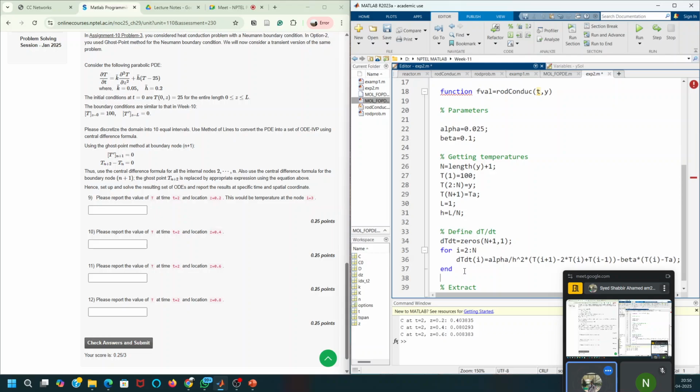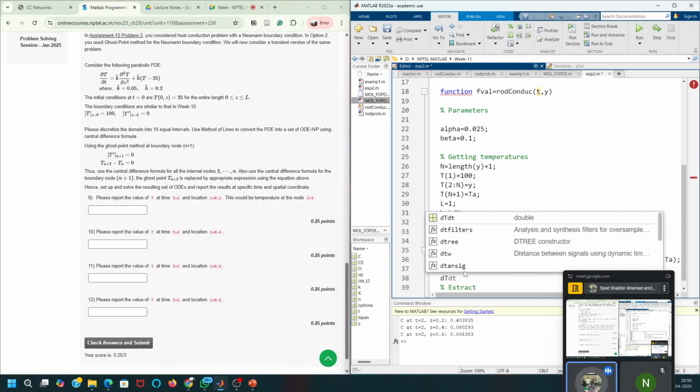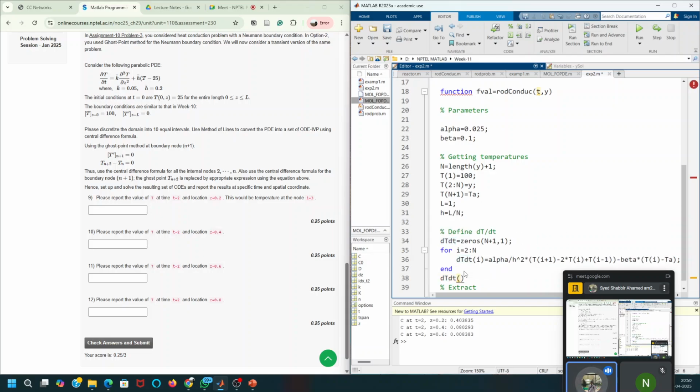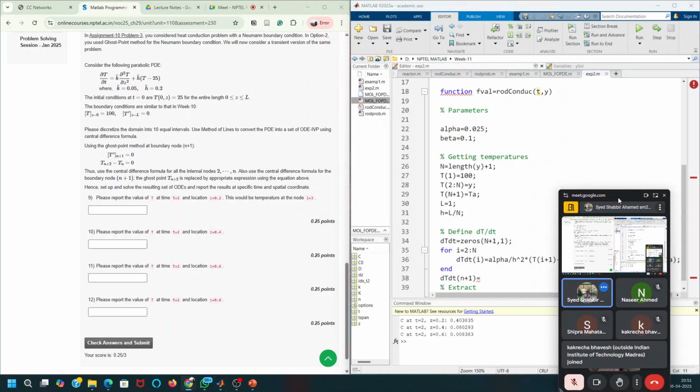I also have to apply the central difference scheme for n plus 1, so at point n plus 1 also I have to apply it. So if I apply the central difference scheme, here k bar, yeah, somebody is asking a question.